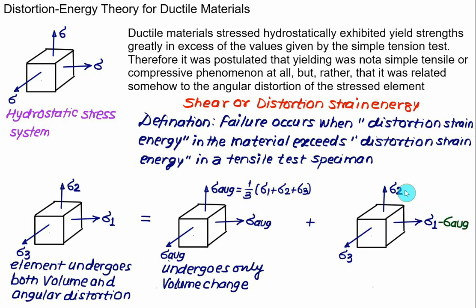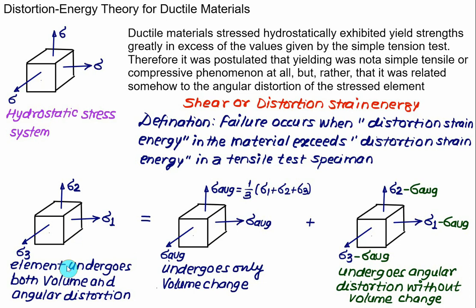This element undergoes angular distortion without volume change. This idea is used to calculate the shear or distortion strain energy for any element subjected to stresses sigma 1, sigma 2, sigma 3. We divide this stress element into two parts. One is subjected to the average stress, and the other part is the difference between sigma 1 and sigma average, sigma 2 and sigma average, and sigma 3 and sigma average.